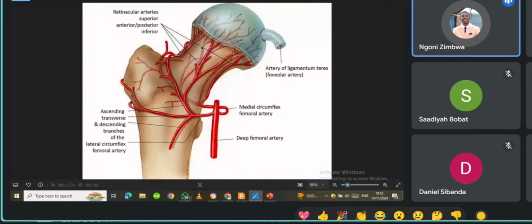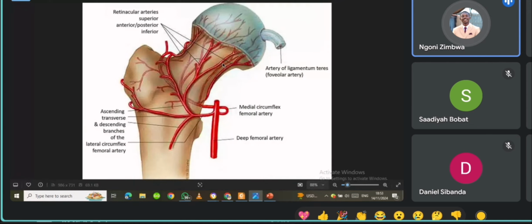Because in post-menopause, estrogen levels decrease, and estrogen is very important for bone formation. With low estrogen, you are going to have osteoporosis, which just means that the bone is going to be eaten up. So fractures like this happen mainly in old women above the age of 50, and such fractures result in avascular necrosis.